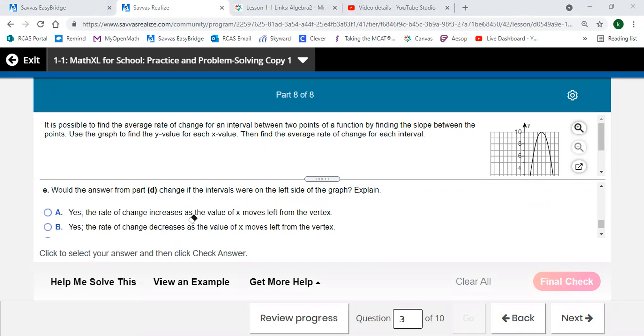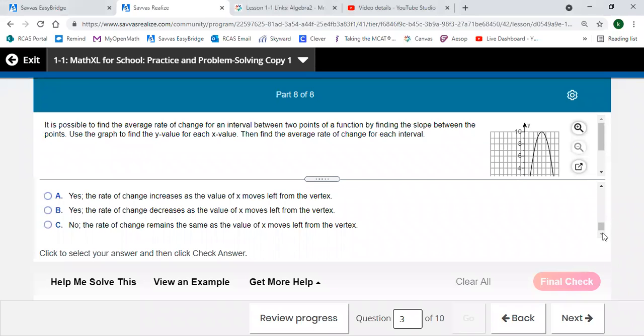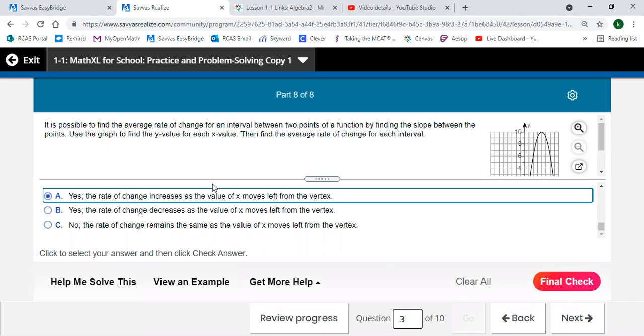So the rate would actually increase just because of the negative and positive part as the value of x moves on the left side of the vertex. So let's see what the rest of these say. B, the rate of change decreases. Well, for sure it wouldn't decrease. And when it says the rate of change remains the same, that could be correct if you didn't consider the sign, the positive and negative part. But I believe in this case, they're looking for us to say that the rate of change actually increased because on the left side, it'd be a positive rate, or on the right side of the vertex here, it's a negative rate.